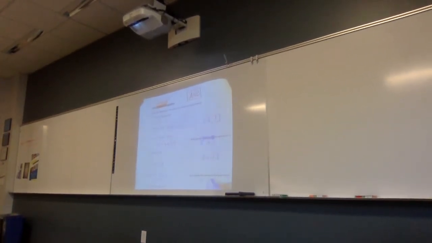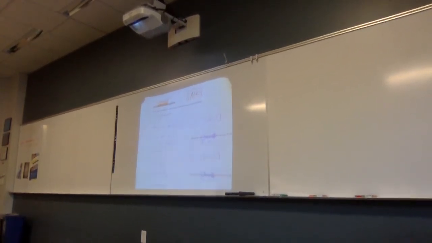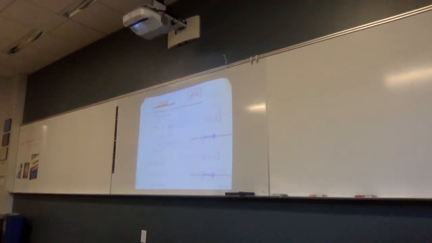Now, some people like to solve it separately. Some people prefer to solve it at once as a compound inequality. I really don't care. You may have a personal preference. I like to do it all at once. It's pretty that way. I don't care.